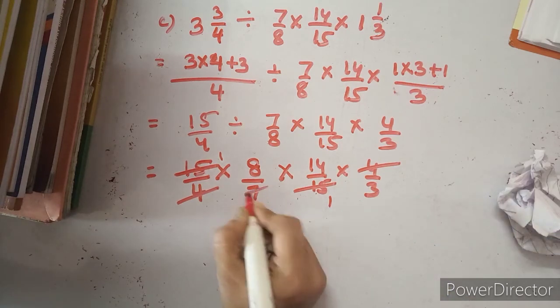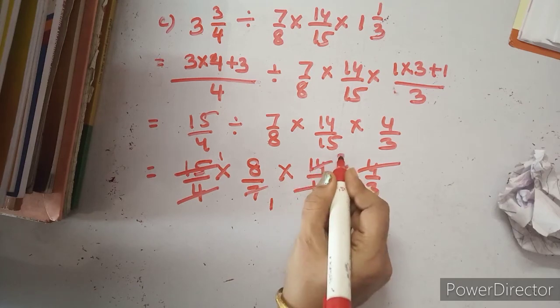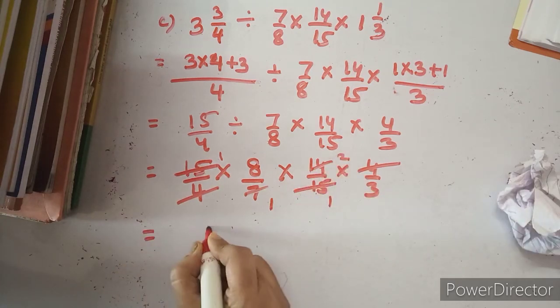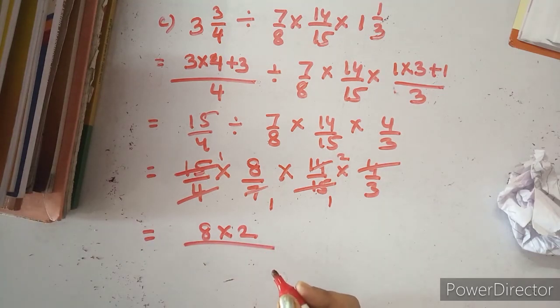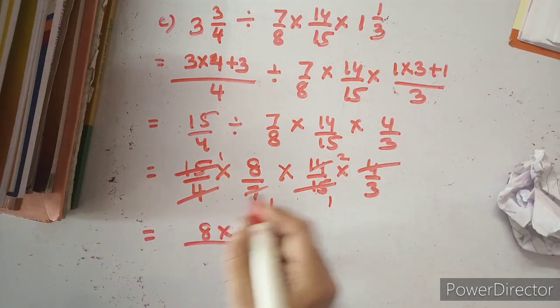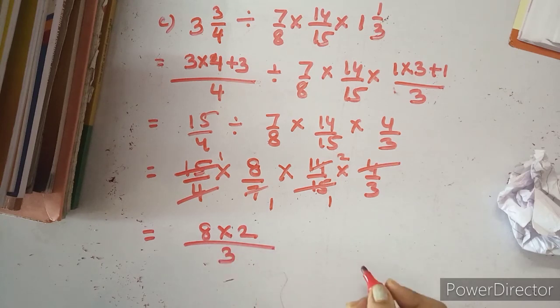Then you have 7 1s are 7, 7 2s are 14, so you can have the numerator as 8 multiplied by 2, and here in your denominator you have only 3, so your number is 16 upon 3.